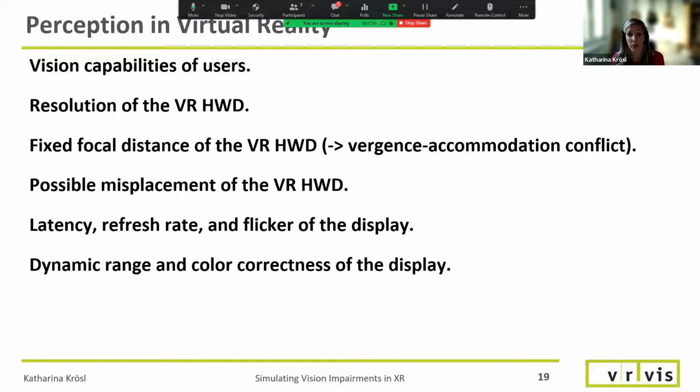It's a range of visual acuity above 0.8 decimal acuity. And it can go up to 1.6 or even 2.0 decimal acuity. So even people with normal sight don't see the same. Some see a little bit better, some see a little bit worse. And this means that even for people with normal sight, we need a per person calibration. Otherwise, we cannot create the same visual impression for all of our users.